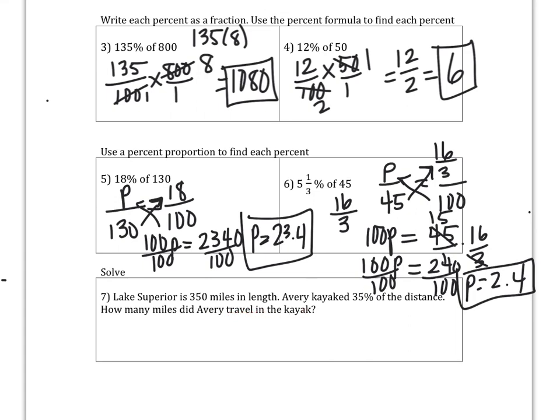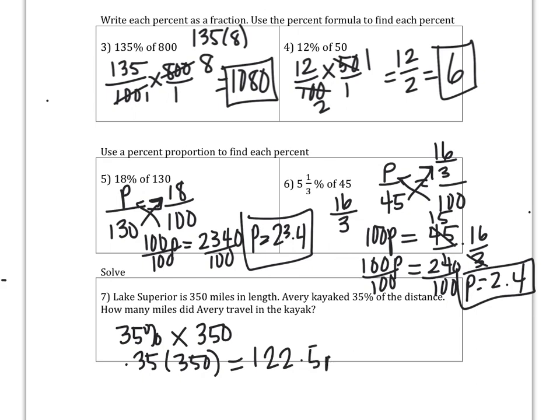So we're going to start by figuring out that what we're trying to find is 35% of 350. So we're going to turn this into a decimal. Multiply those two, and we get 122.5 miles.